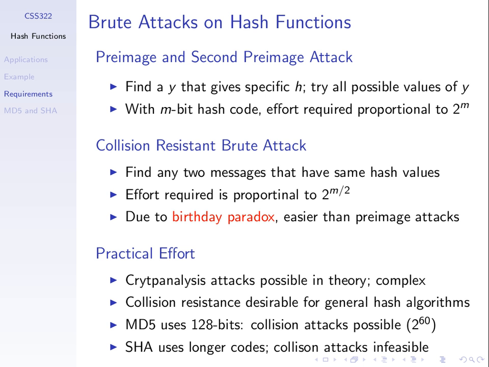For example, there are attacks known that apply to MD5, which is a 128-bit hash value. Using some knowledge of the algorithm, they get it down to about 2 to the power of 60 operations. Brute force on the collision resistance, or the strong collision resistance, takes equivalent to 2 to the power of 64 steps.